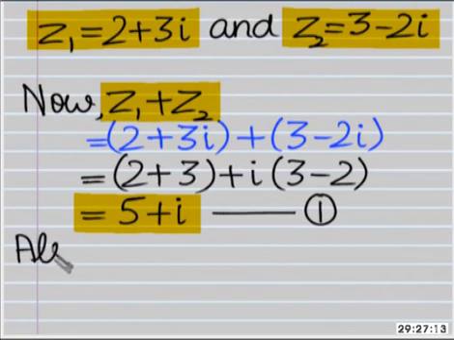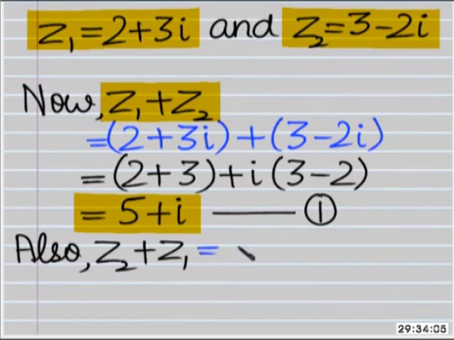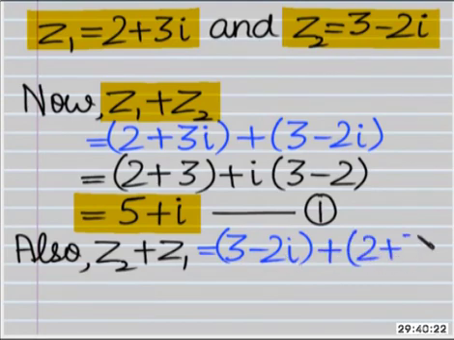Also, we have z2 plus z1 which is equal to 3 minus 2 into iota plus 2 plus 3 into iota.